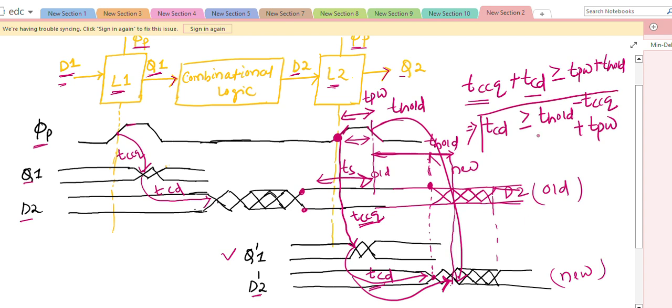If your pulse-based sequential circuit satisfies this equation, that means the contamination delay of the combinational logic is greater than this value, then there will be no error at the output of latch L2. That means for the second stage Q2 you will not get any error, and this expression is known as the minimum delay constraint of pulse-based sequential circuits.